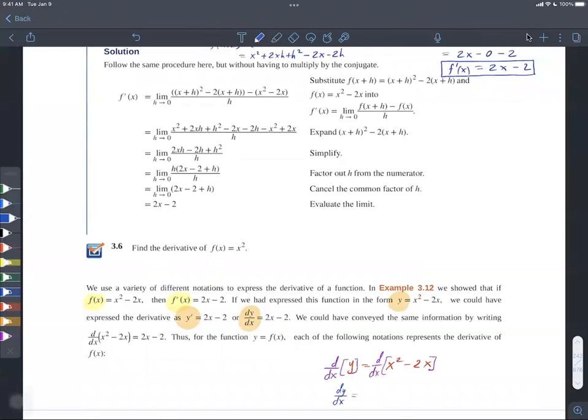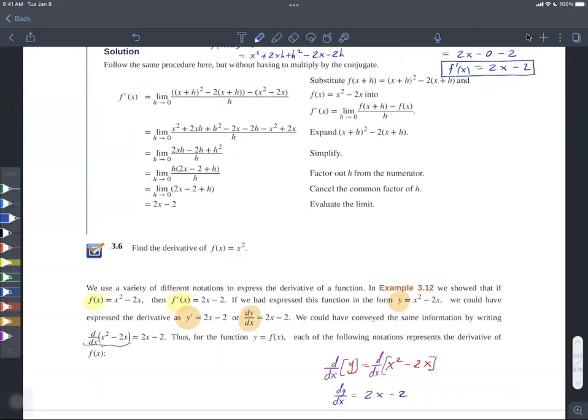This represents the derivative, which if we differentiate the right side, we end up getting 2x minus 2. So dy dx is another notation for the derivative function. We could have conveyed the same information by writing d dx of x squared minus 2x. That's exactly what I just wrote there in purple.